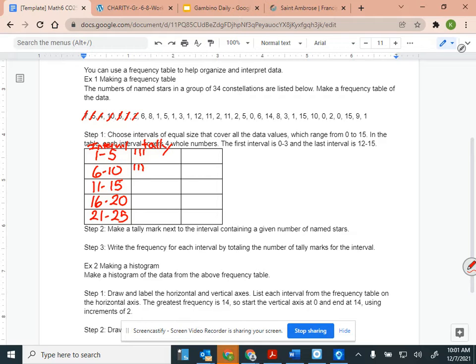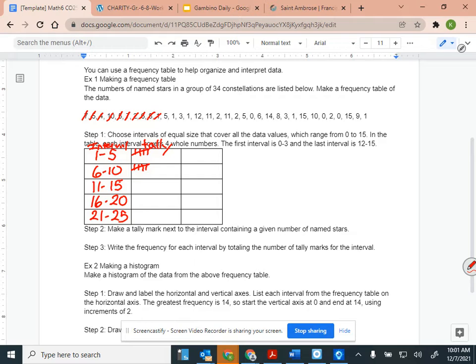So every time you cross off a number, you put it in the box that it falls into. Which interval does it fall into? 6 goes down here, 8 goes here. When you do a 5 with tally marks, that's the one that goes across the group.